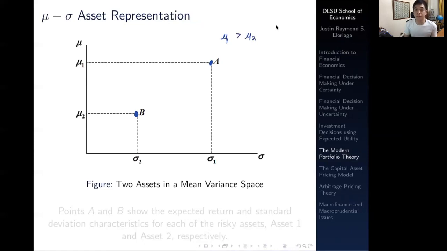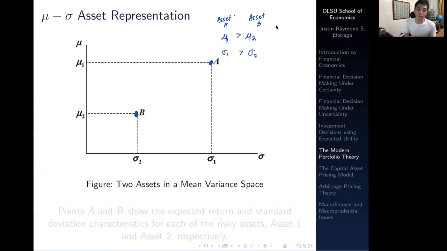So the expected return of asset 1, or asset A for that matter, is greater than that of asset B. But we also see that a higher rate of return comes at some cost. In particular, it comes at a higher standard deviation. So that's standard deviation 1 is greater than standard deviation 2. So high risk, high reward, right?